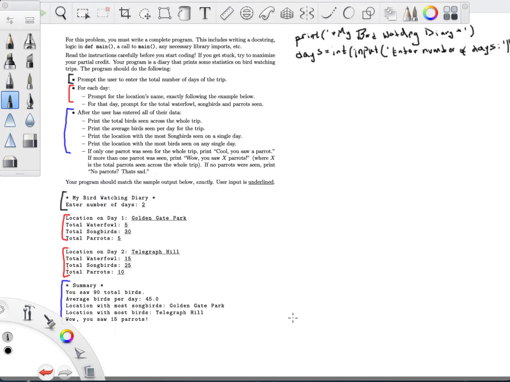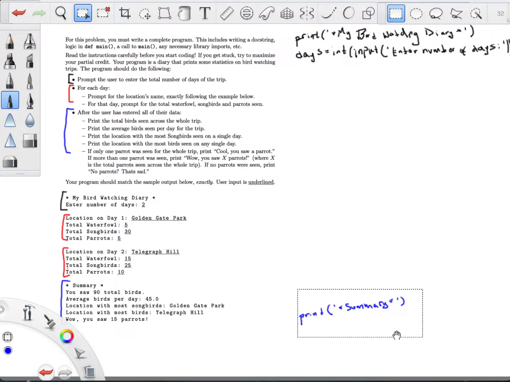I'm going to skip a whole bunch of space and jump right down to the blue part, right? Because I know that it needs to have a statement that is like print summary. And maybe I'm going to give myself a little bit more space for that.